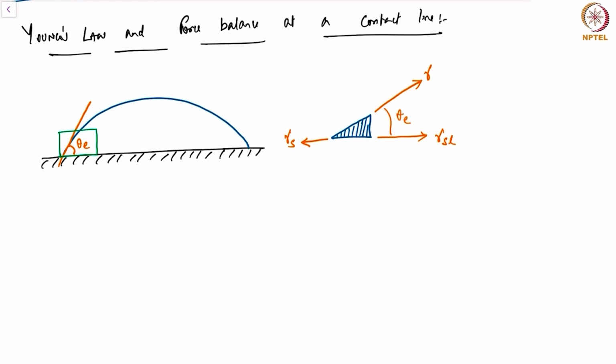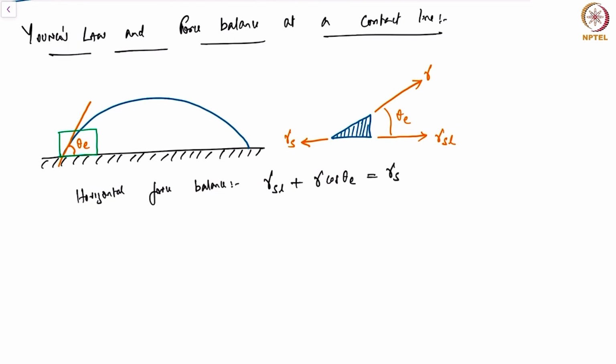Okay. So if you do a horizontal force balance, it would be gamma solid liquid plus gamma cos of theta E. That's the projection of gamma along the horizontal.